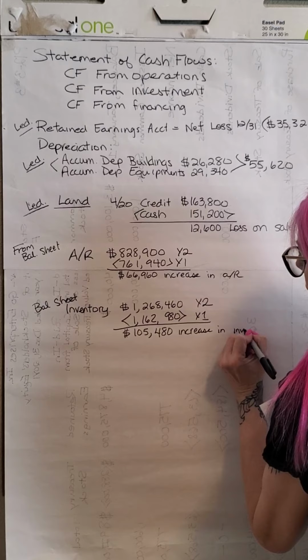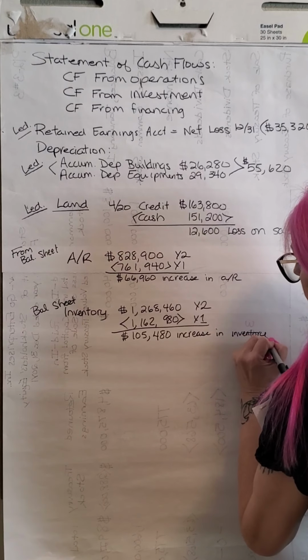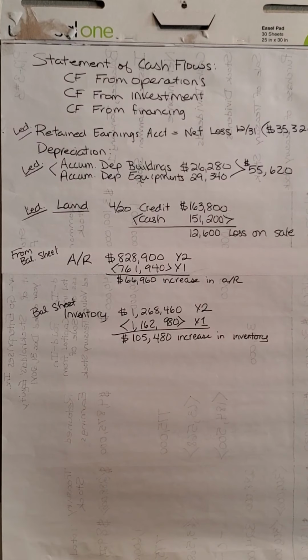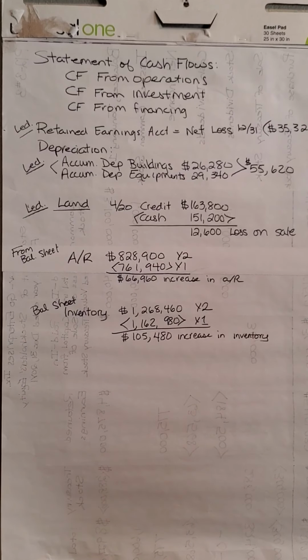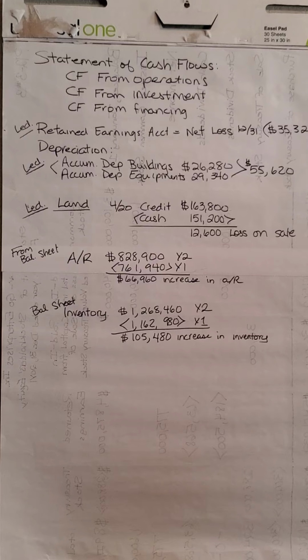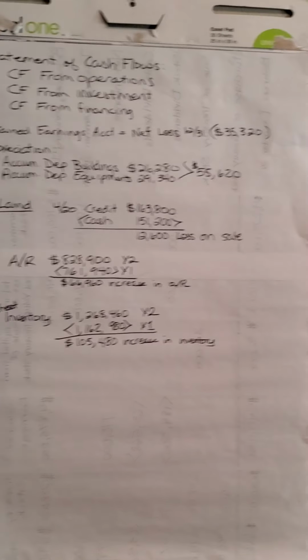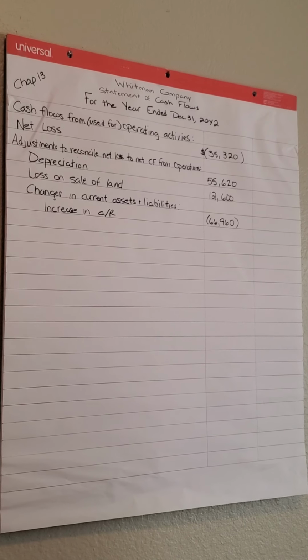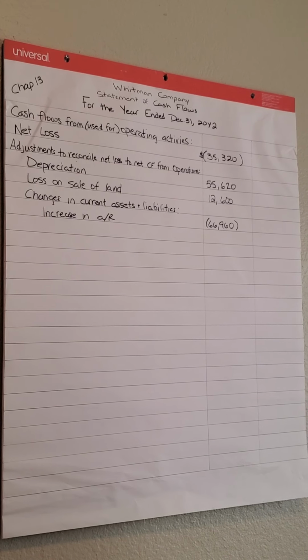So we spent money on this inventory that we didn't sell in the current year. If we had a decrease in our inventory from year 1 to year 2, we would be adding that decrease in. But since it's an increase, we're going to subtract that out as well.